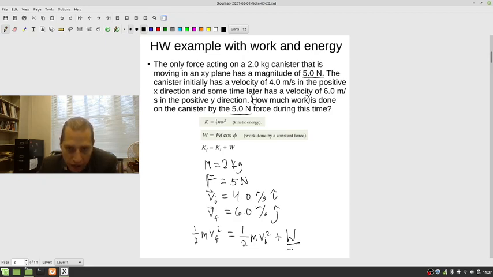It says, find this. You know m, you know v final, you know v initial. So you can calculate this number, you can calculate this number, you can find the work. That work has to be positive because you've gone from a slower speed to a faster speed. So you're putting in some positive work, but the details of how that force was applied, we don't know about it.